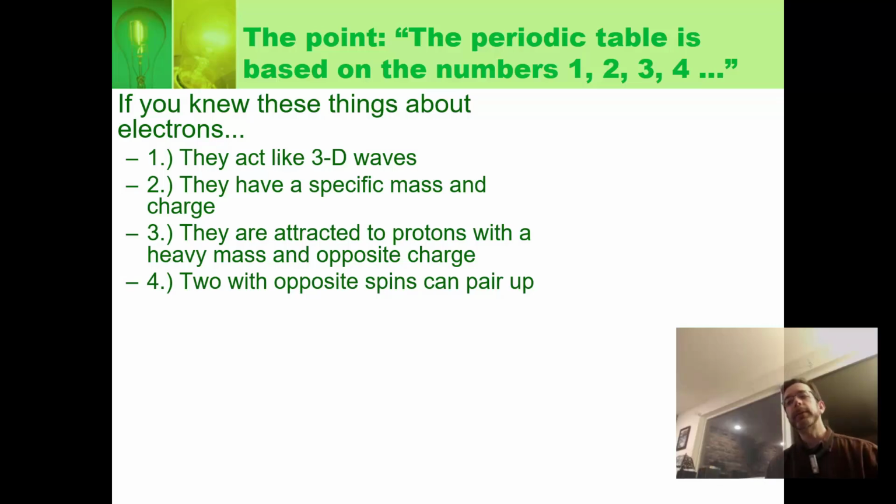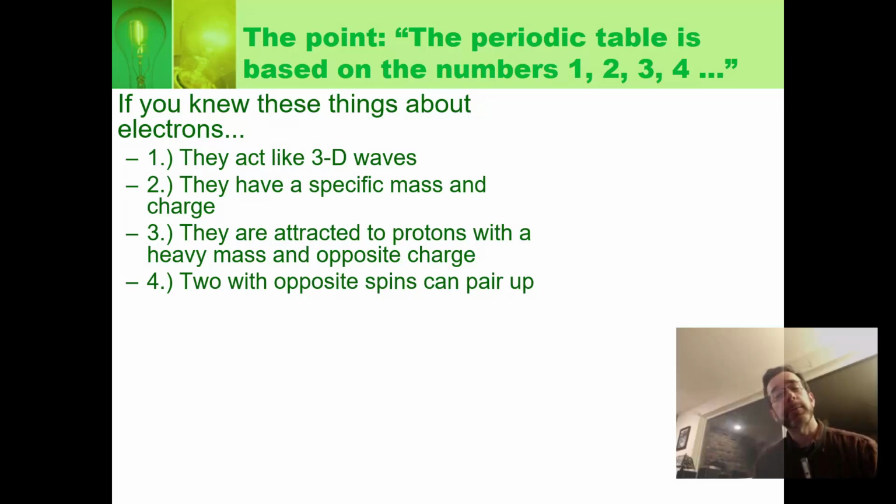If you knew these things about electrons, if you were super good at math and you could figure out how 3D waves work, that's probably the hardest part. If you knew the mass and charge of protons and electrons, and you knew how they're attracted to protons, and that also the weird last little thing is that 2 electrons with opposite spin can pair up in the same orbital.